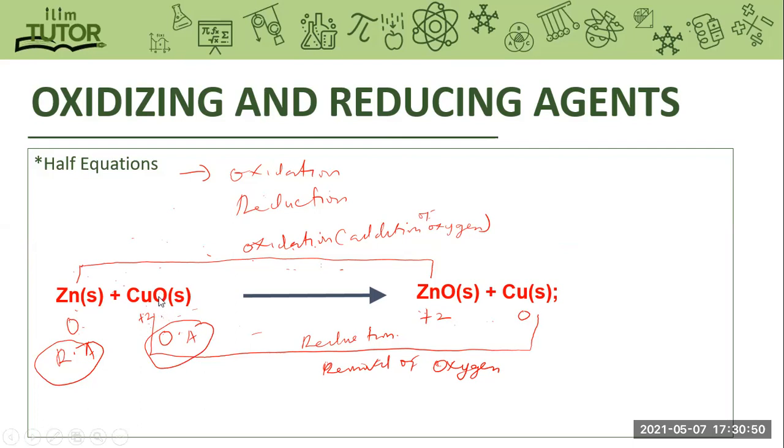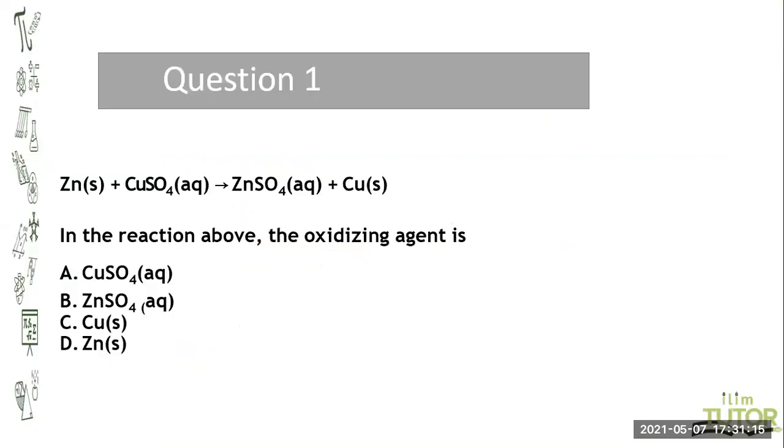But since it's not in all cases, that's why I try to do the calculation for oxidation number. It is not in all cases that you must have oxygen, since there are other definitions of oxidation and reduction. So if you use the half equation method, you'll be able to identify oxidizing and reducing agents easily. So let's solve some questions there.